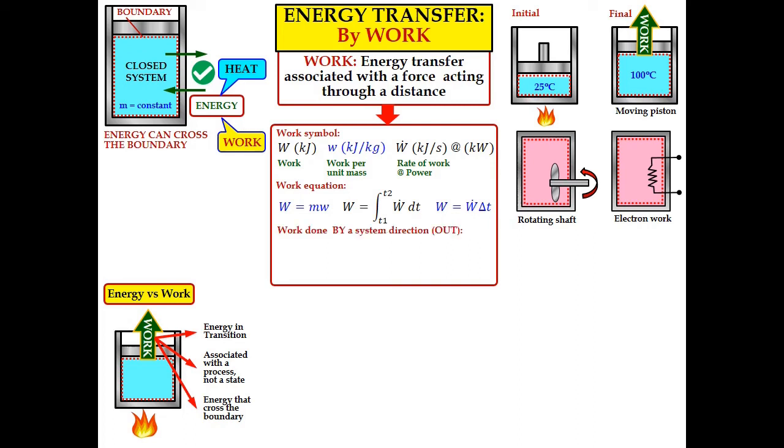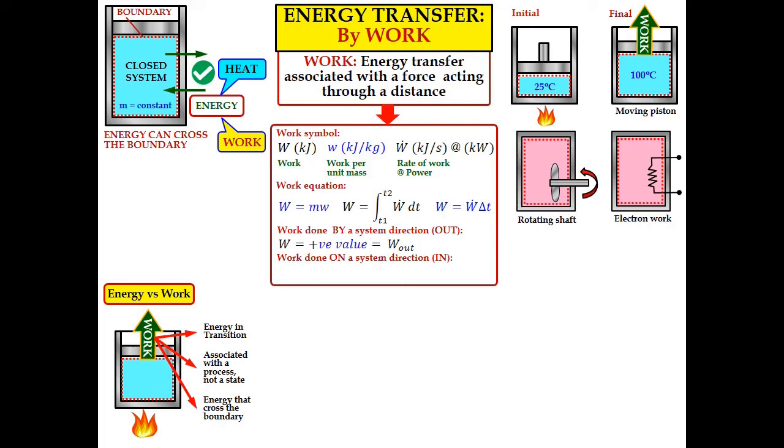Work done by a system, in terms of direction, is work out. The W out is a positive value. So we can describe work done by a system as W equal to a positive value, or we just write the subscript out on the symbol W, W out, to represent the direction of work done by a system.